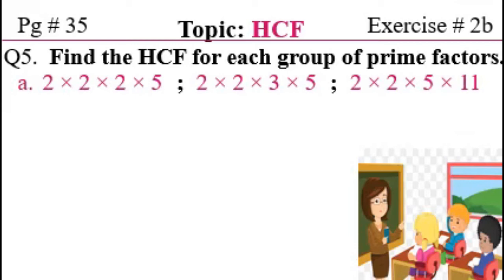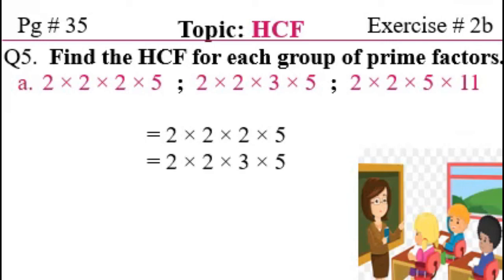What are we going to do? We will write them vertically like this. These are the prime factors of the first unknown number, then the prime factors of the second unknown number, and the prime factors of the third unknown number. As prime factors are already here, we will simply loop the common prime factors.